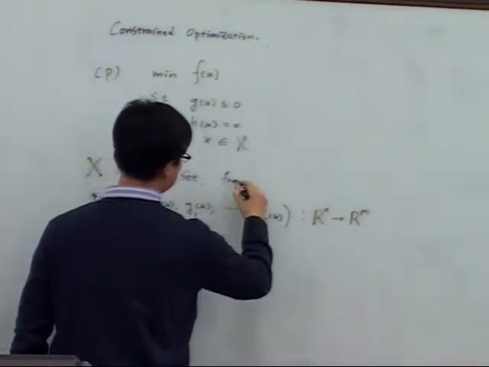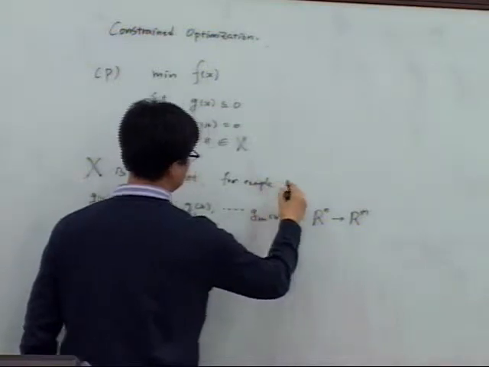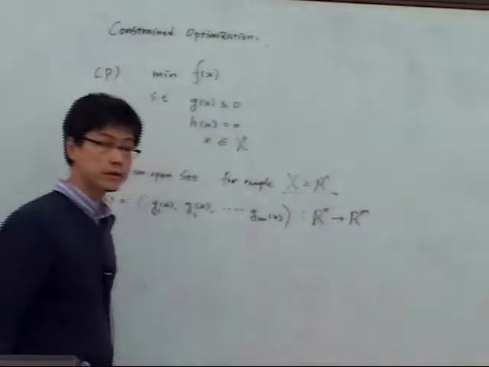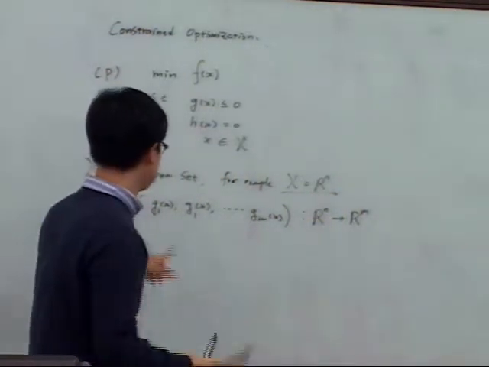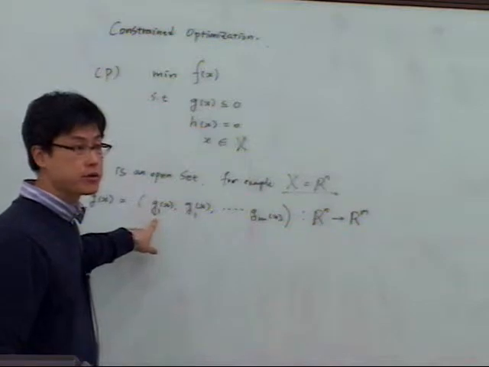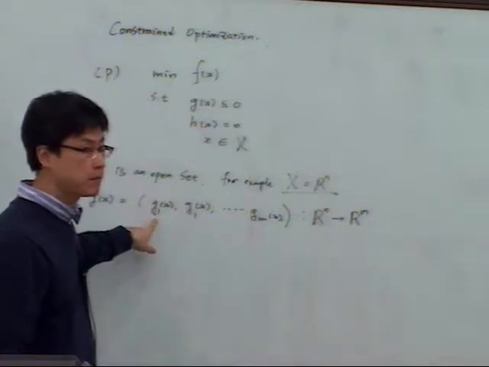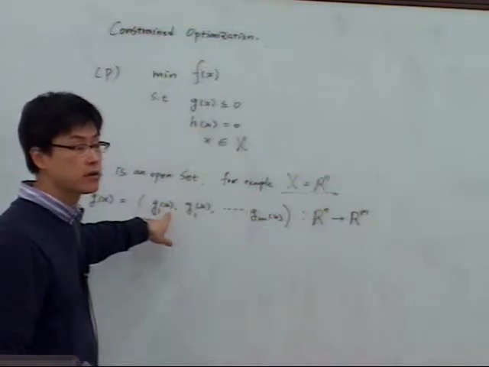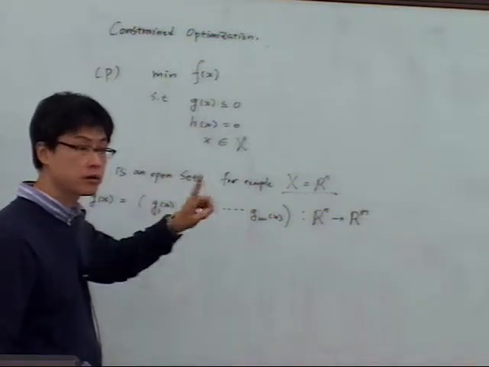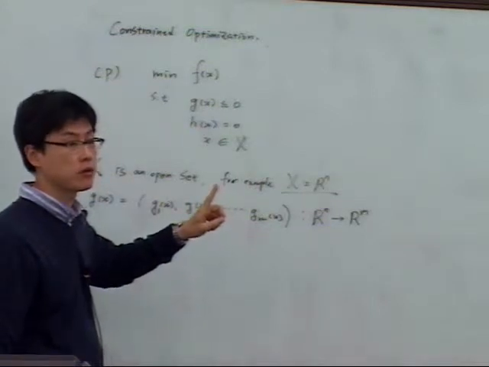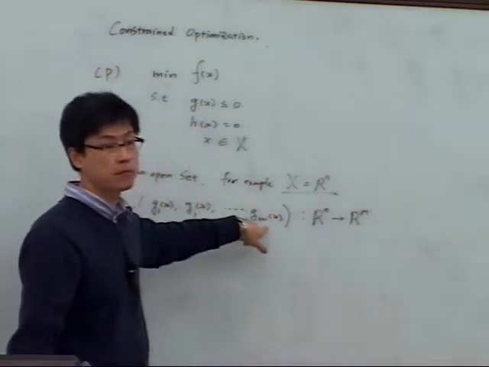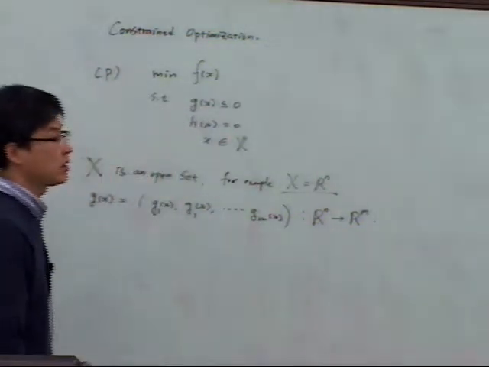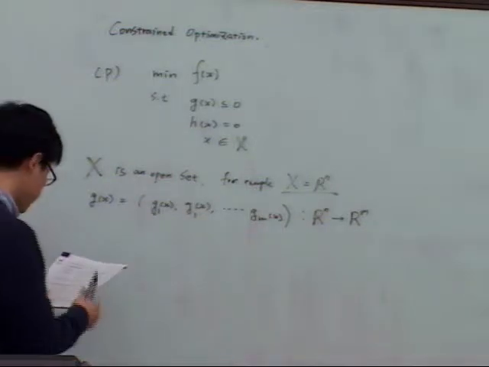For example, x is an n-dimensional real number, and each function g sub i(x) will map this n-dimensional x into a one-dimensional one. But we have m g functions here, so it's a mapping from n dimension to m dimension.